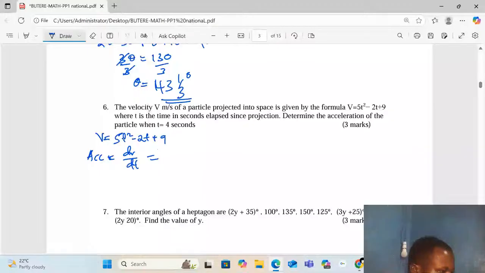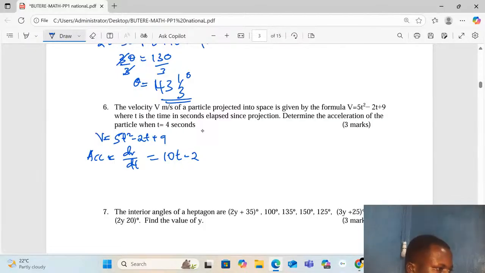So we have 5 times 2, 10. Then t squared minus 1 will remain with t. Then minus 1 times negative 2, that is 1 times 2, we have 2. So our dv/dt becomes 10t minus 2.